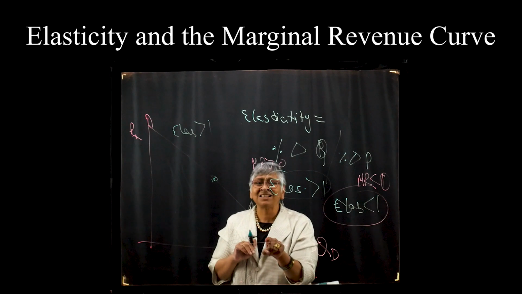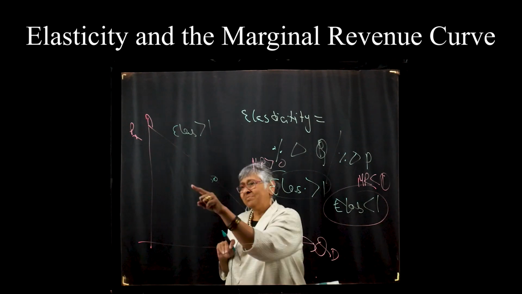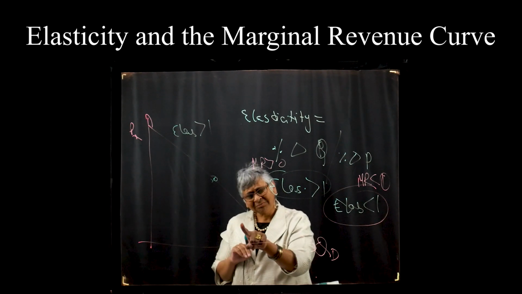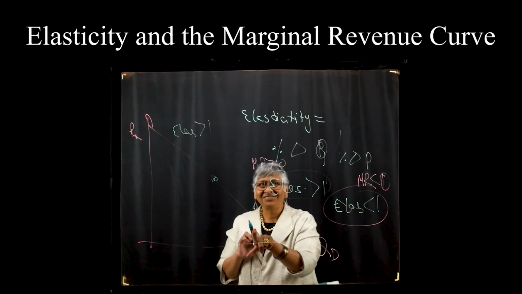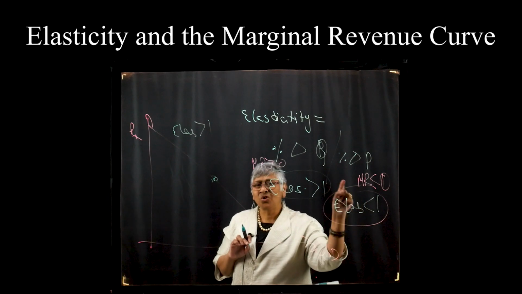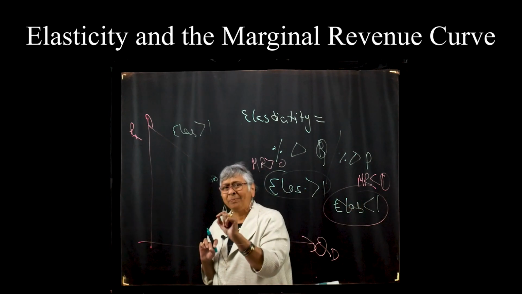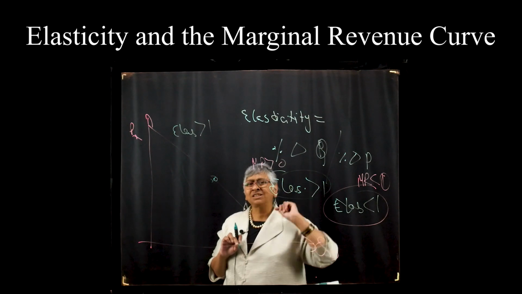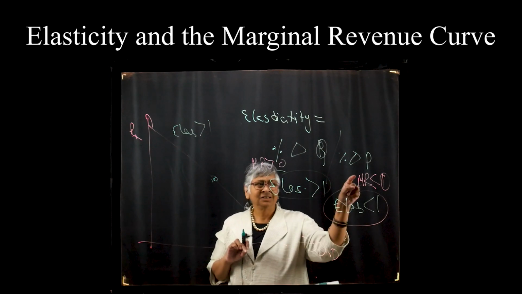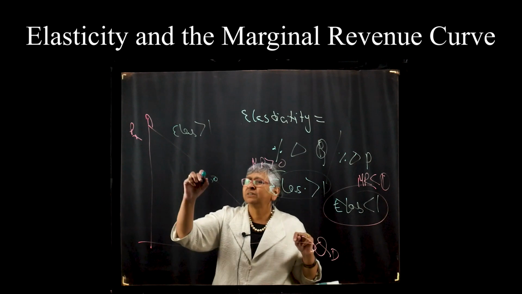Elasticity less than 1, my price will drop, quantity will increase, but the net effect is the price drop is very high compared to the quantity increase, and I will not get more revenue. Marginal revenue is negative.